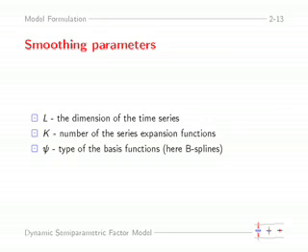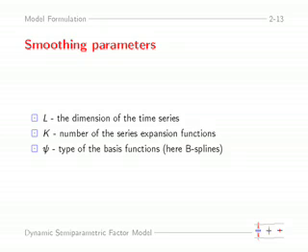I would like to say we have no answer here on the following three smoothing parameters. We have no idea yet how to fit the dimension of the time series. AIC, or similar model approaches, have not been developed. We also have no rule on how to select the number of basis functions.